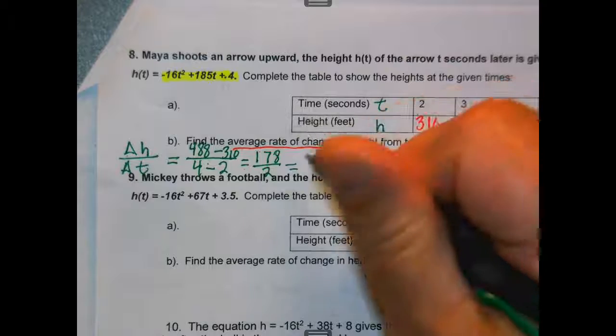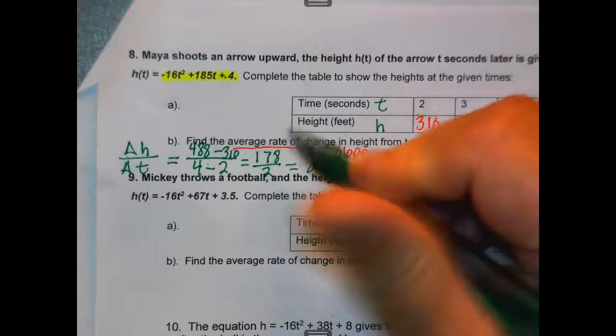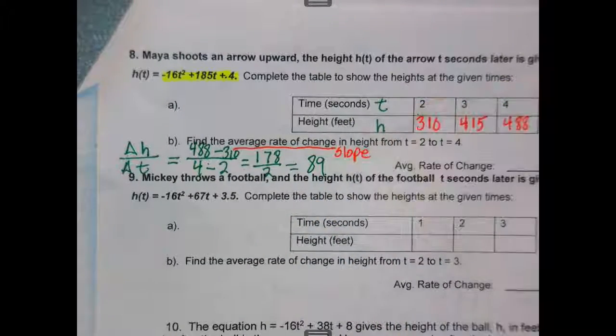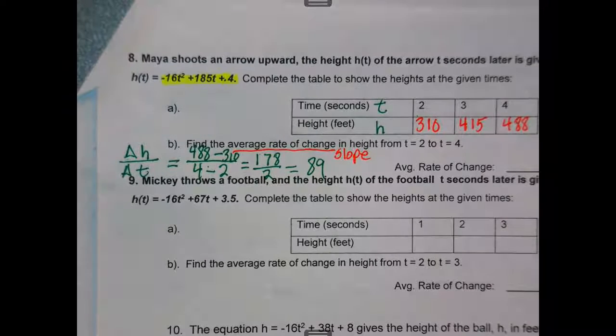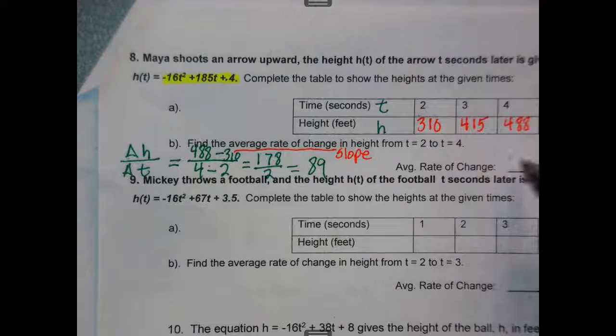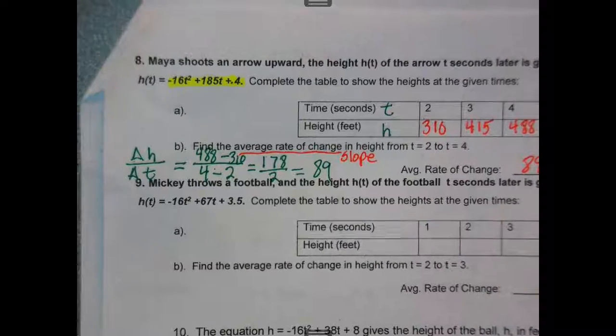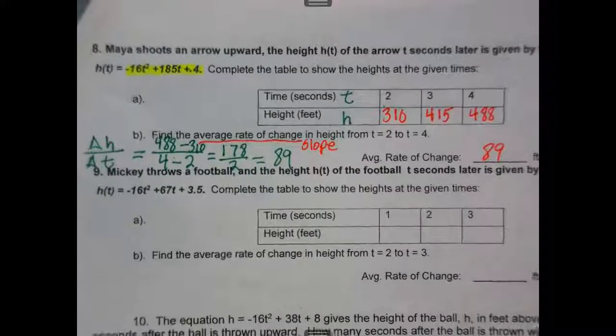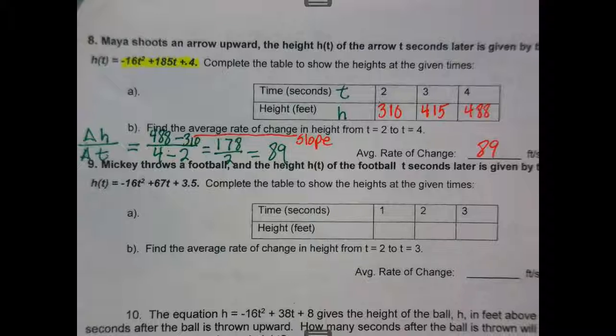See, 2 goes in the 17 8 times. 16, 2 is 89. So my average rate of change, 89 feet per second. I'm done.